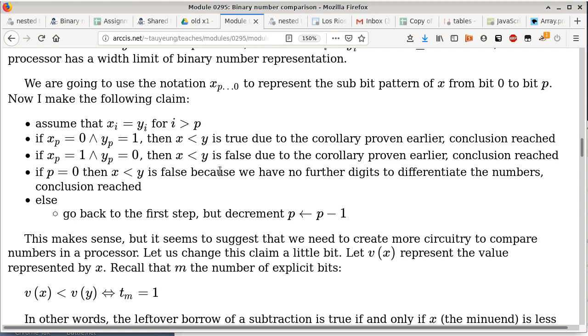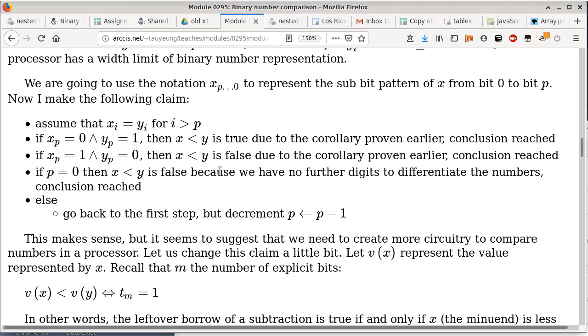In other words, we start looking at the most significant bit, on your left-hand side, and move to the right one bit at a time until we find a bit that is different. Or until we get to p equal to 0 and see no differences between the two numbers, then we conclude that the two numbers are the same, and we still have a conclusion that x is not less than y.